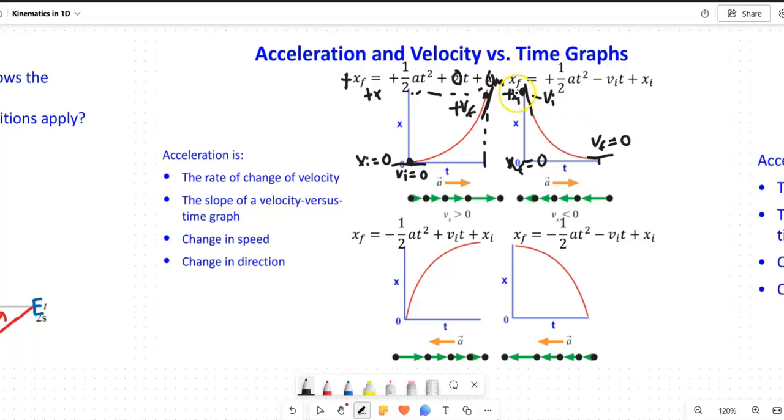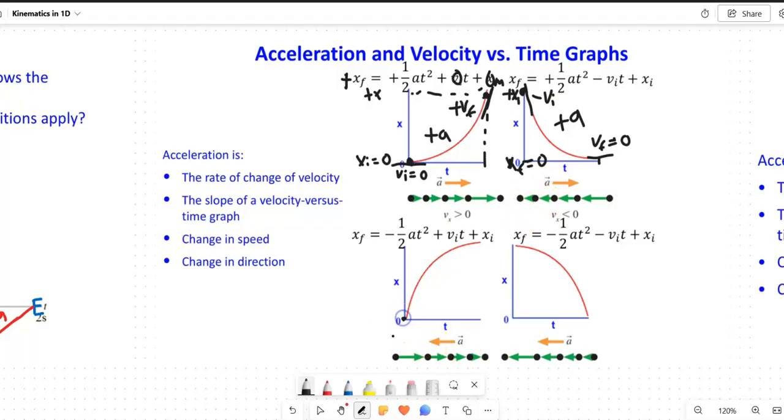So I'm comparing the initial position and initial slope to the final position and final slope. And so if you have a negative velocity, but later on you've come to a stop, somebody had to be, so you're moving to the left, and something has to be pushing you to the right to bring you to a stop. So this is going to represent a positive acceleration as well. This is also a positive acceleration. Okay. So you have a negative velocity and a positive acceleration. So you're slowing down, you're moving to the left, slowing down, and then you come to a stop. Something had to be pushing you to the right.